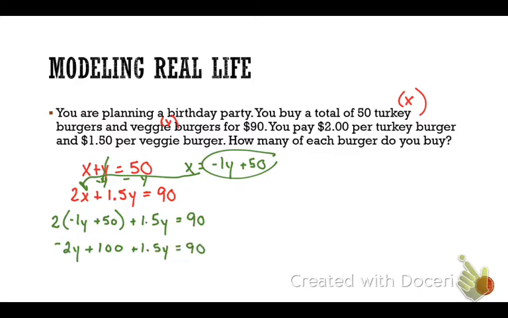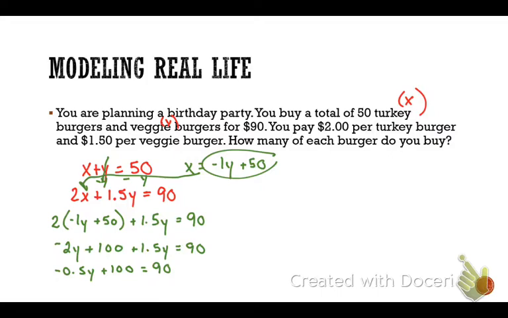All right, we're almost done. What's negative 2 plus 1.5? Negative 0.5. Okay, yep. Negative 0.5Y plus 100 equals 90. We're almost done, guys.